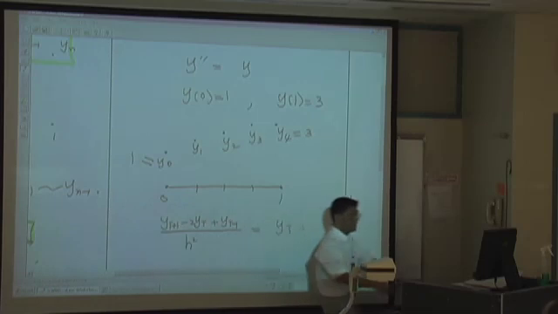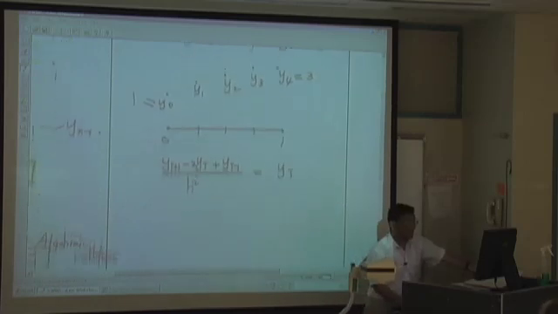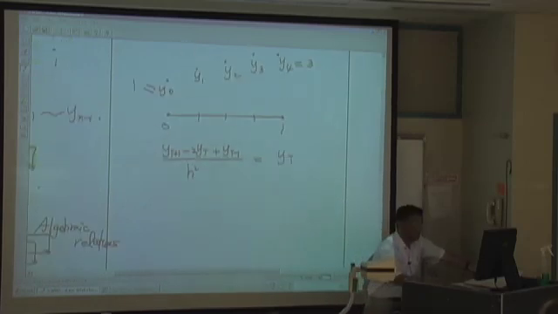Then let's make this simpler. How can you make this simpler? I will arrange from lower subscript to bigger subscript, smaller to bigger. So y_{i-1}. And then we multiply this thing.